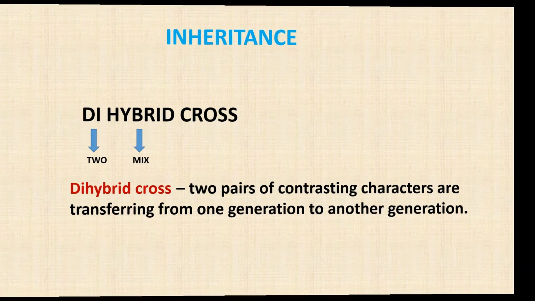Mendel took two characters. First one, color of peas, that is yellow and green, symbolically indicated as capital Y yellow, small y green. Genotypes capital Y capital Y and capital Y small y give yellow color, small y small y gives green color.